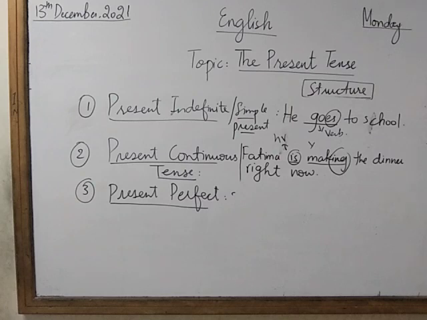Okay, what about the example of present perfect tense? Anyone who wants to volunteer for it? Anyone who wants to tell me an example of present perfect tense? Yes, Urva, would you like to tell me? Okay, good.